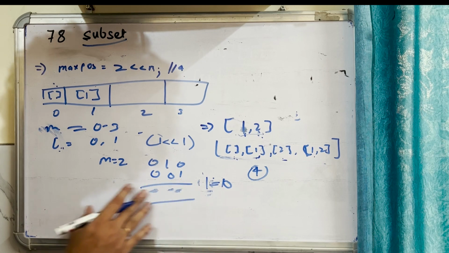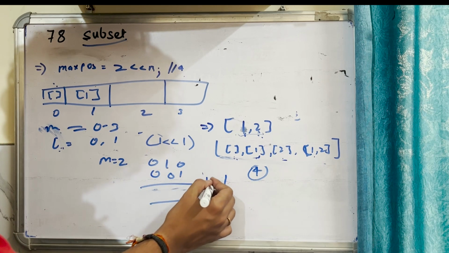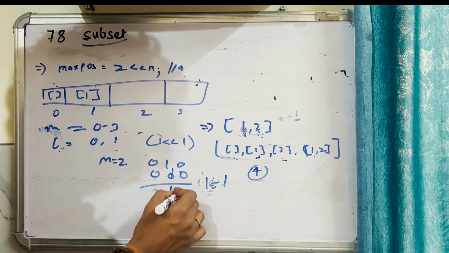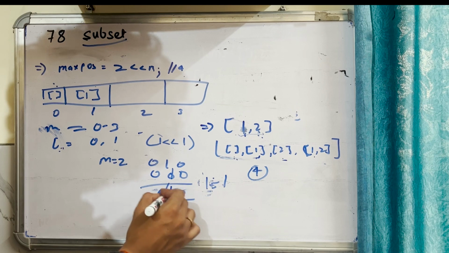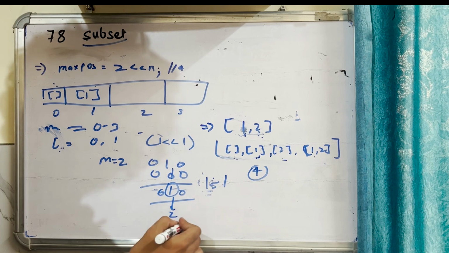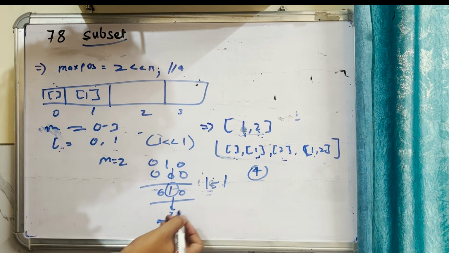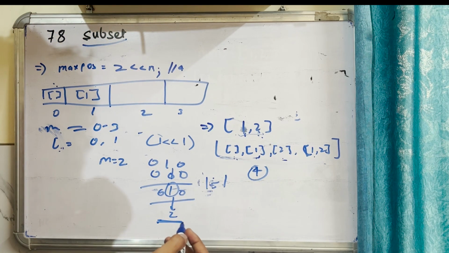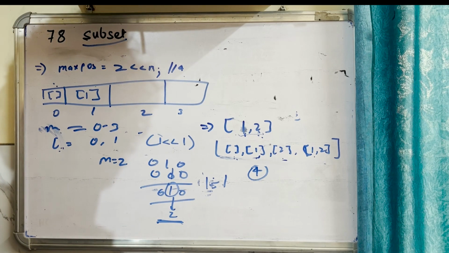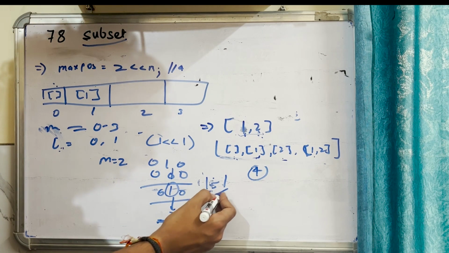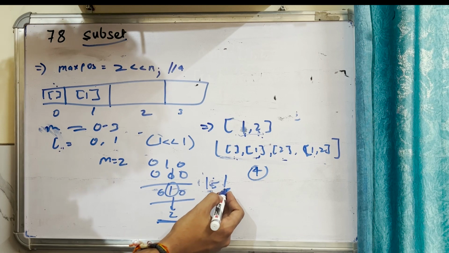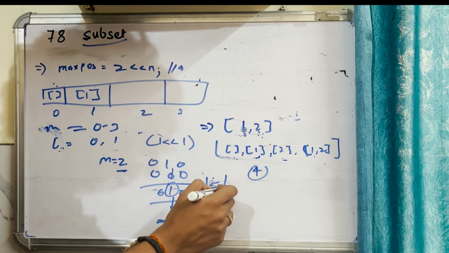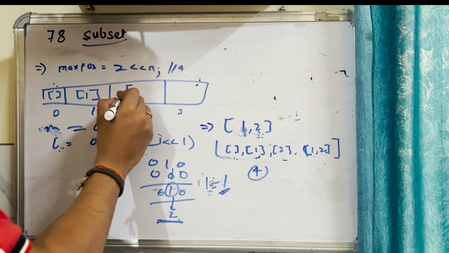Okay. Then i equals 1, which will be represented by this. So we'll be inserting the second index element from this array, or you can say we will insert the element at the ith index at this m position. So at m position we will insert the ith element, which will be 2.